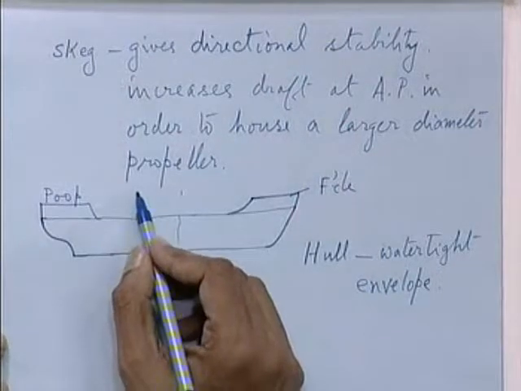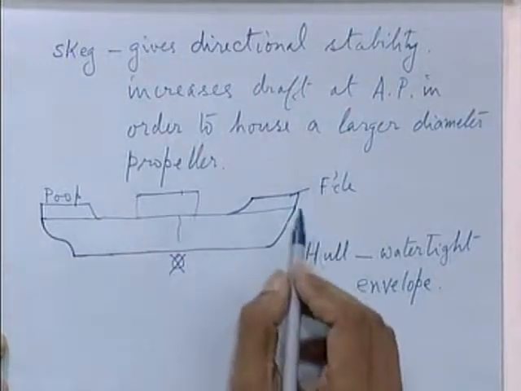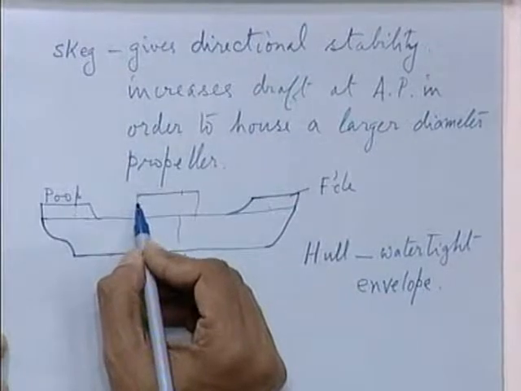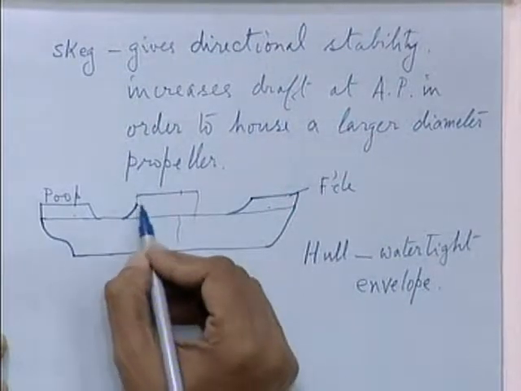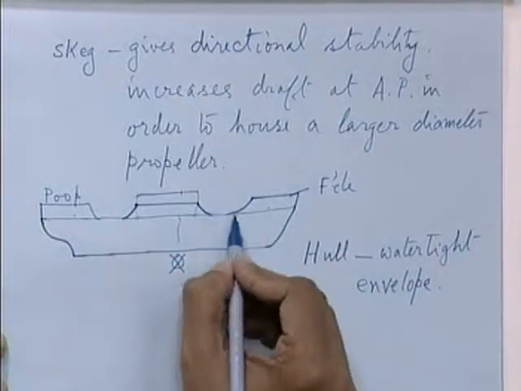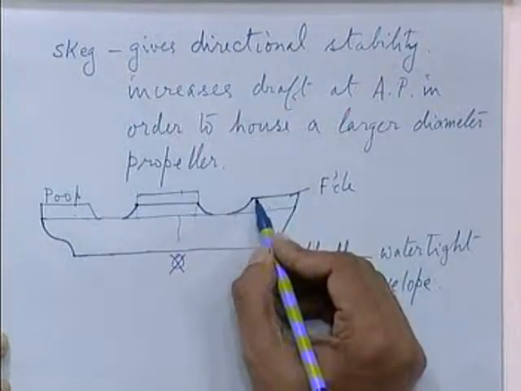And of course you have a wheelhouse, and then you have the bridge deck. So this forecastle and poop, and in older ships the hull also protects some, at the midship region also there is an extension of the hull. Normally nowadays we don't have this.